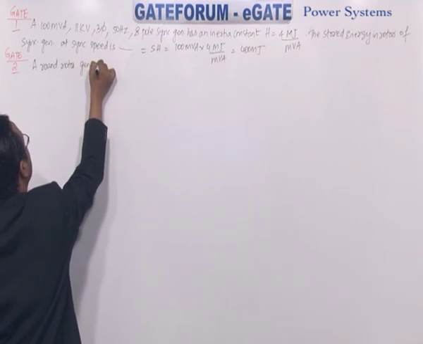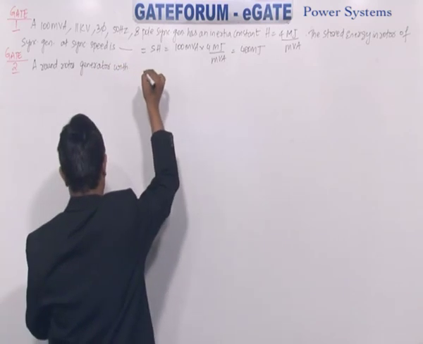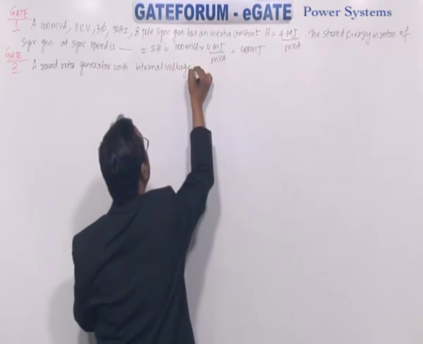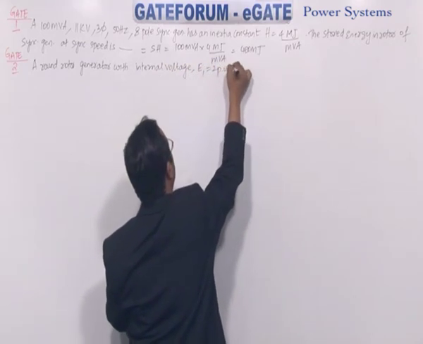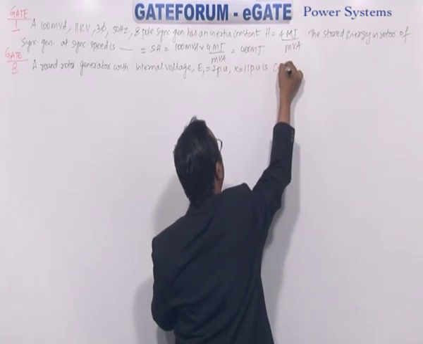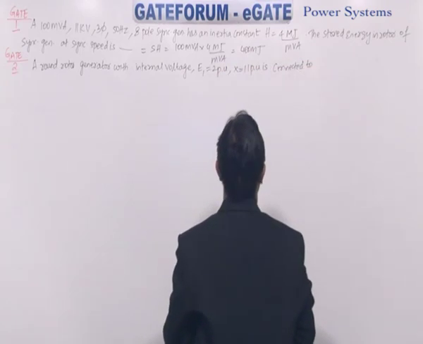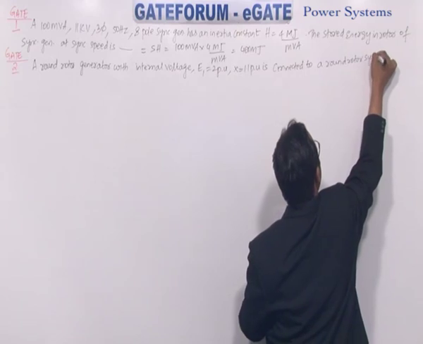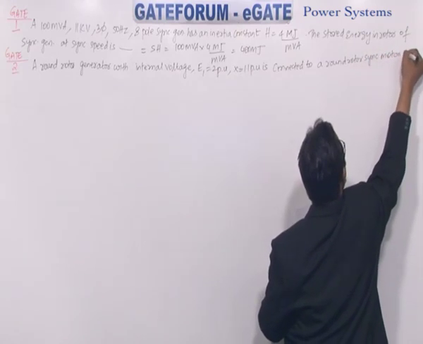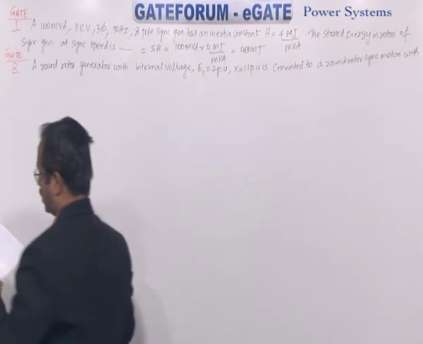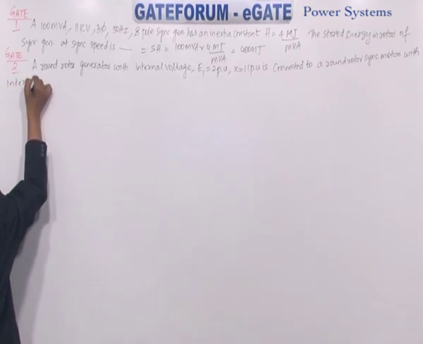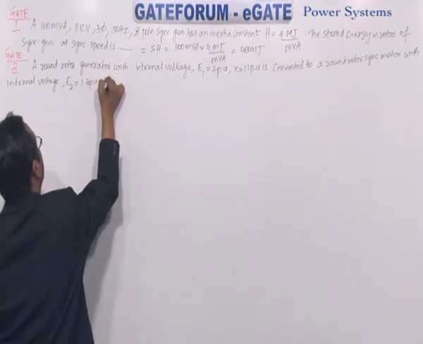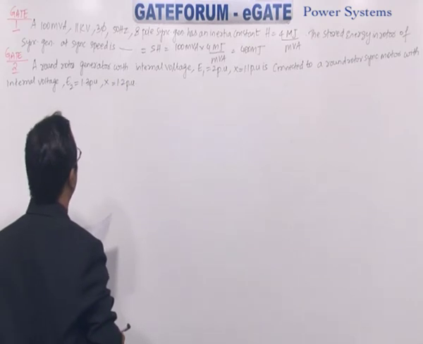A round rotor generator with internal voltage E1 of 2 per unit, X of 1.1 per unit, is connected to a round rotor synchronous motor with internal voltage E2 equal to 1.3 per unit, X of 1.2 per unit.